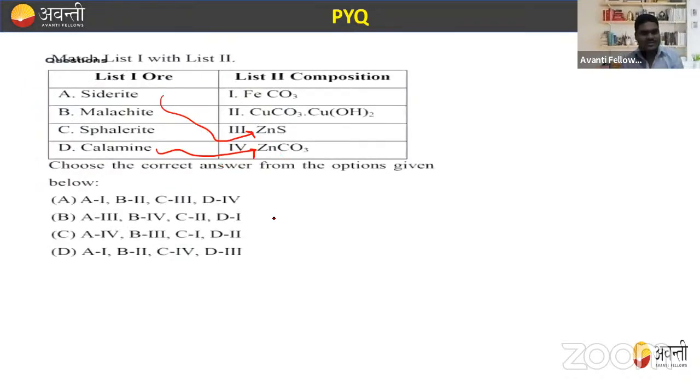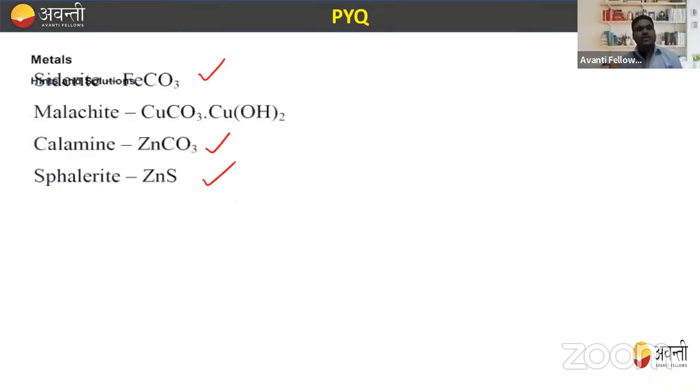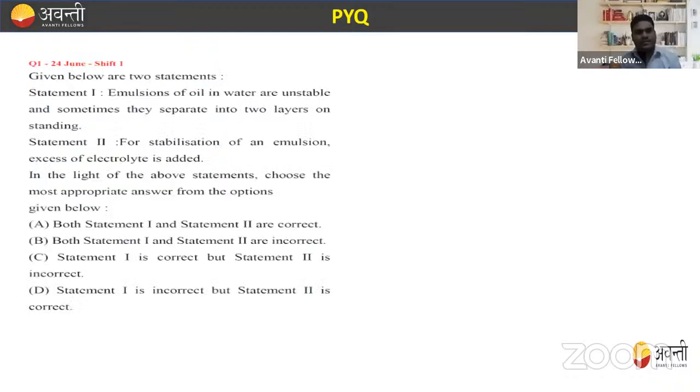So this is the correct option for this question. Just remember the names of these ores too, because many times match-type questions are asked where you have to match the correct element with the correct ore name.